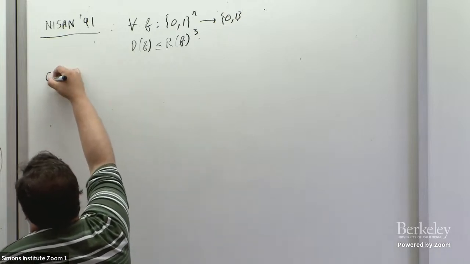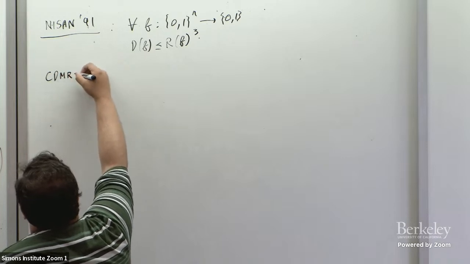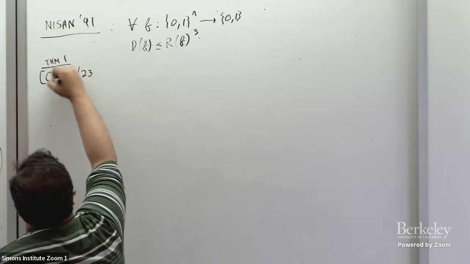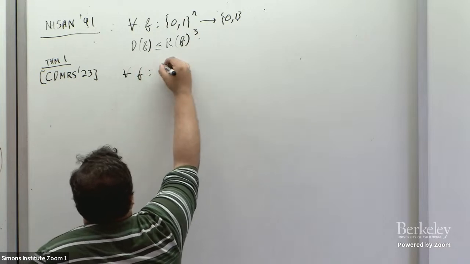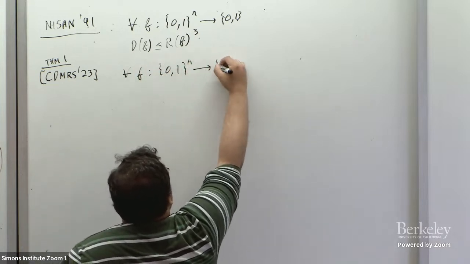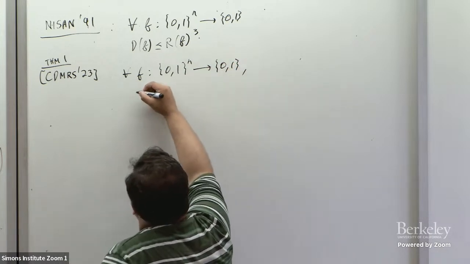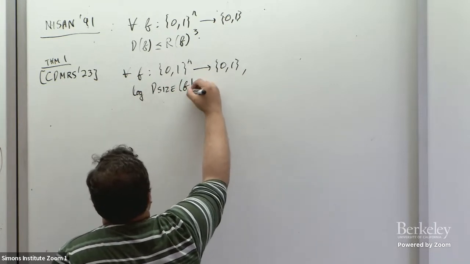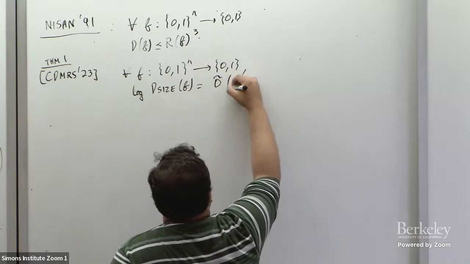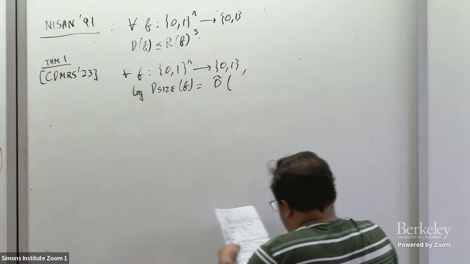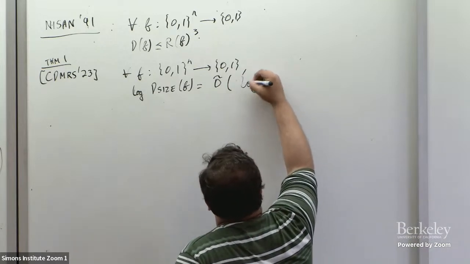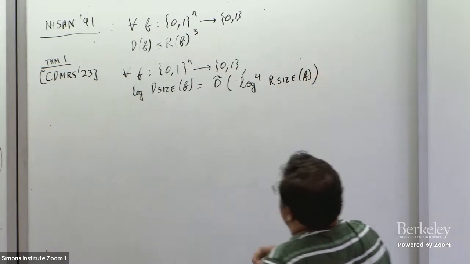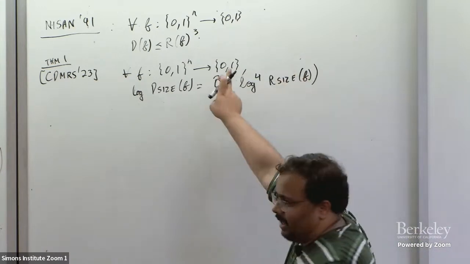And I'm just going to state our main theorems. So there's a log cubed n factor hiding inside this O tilde.